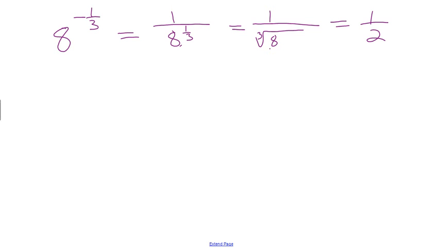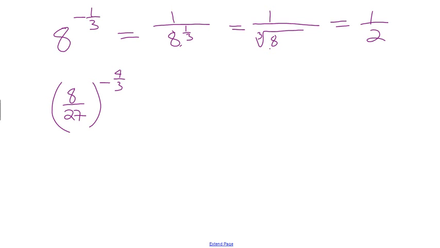Okay, what if, pick numbers correctly here. How about 8 over 27 to the negative 4/3. How are we going to handle this? Yep, Jay?